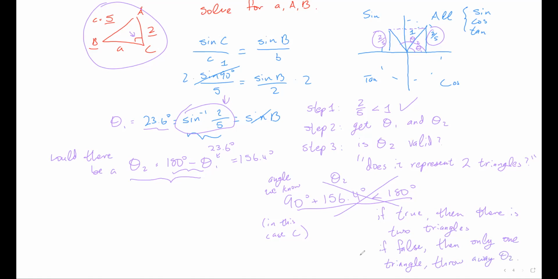Theta 2 does not matter then. If this is false, we don't have to worry about it. We only care about theta 1. I think there will be some examples in the near future where we can actually see what would happen in this other case. But this is what we have currently, so we don't have to care about theta 2.